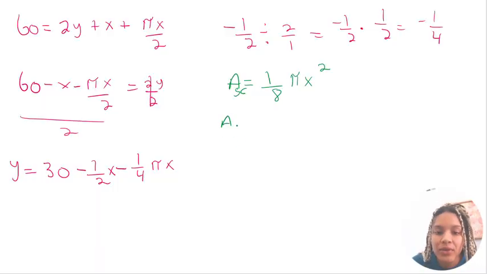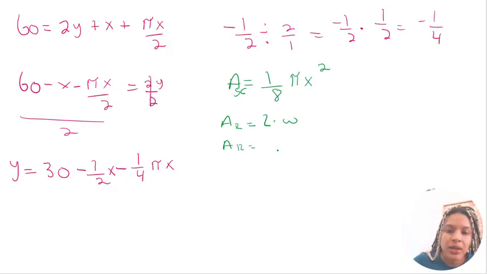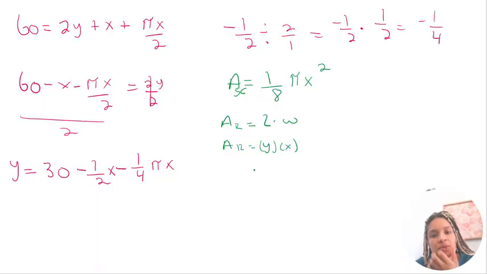And then this is the area of the rectangle, which is the length times the width, but we are using, what did I say the width was? Y. Yeah. So we're using y and x, okay? Those are the variables that we're using. Okay, so we need to find the total area.